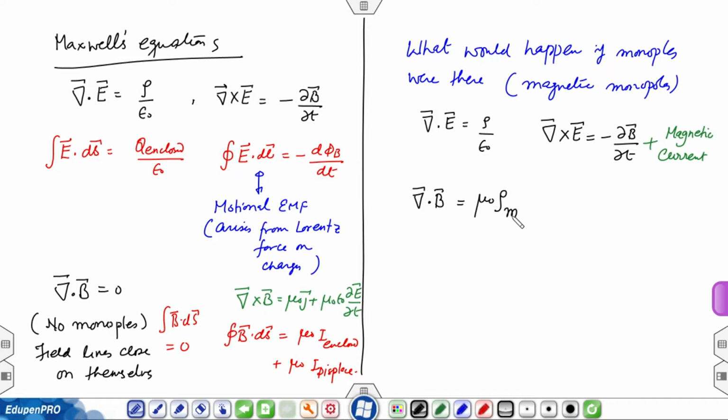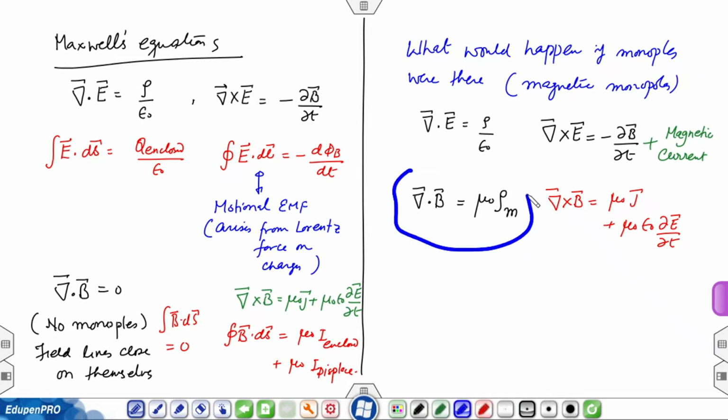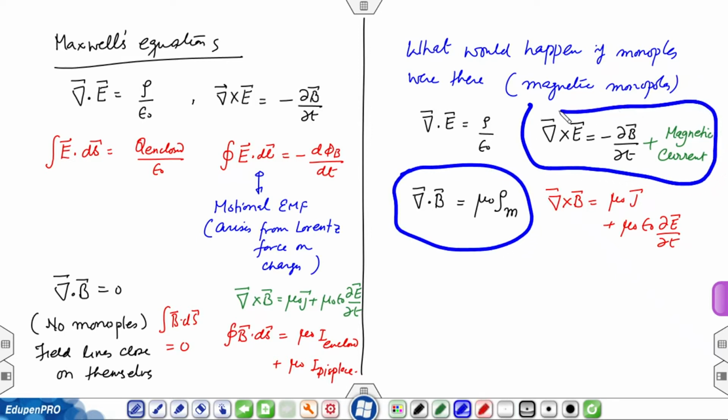And the final equation, which is all consistent with charge conservation, remains the same, which is del cross B is equal to mu 0 j charge plus mu 0 epsilon 0 dE/dt. So, the equations on which I have to now pay attention are this one, which gets modified, and this one, which is modified, and we will just focus on those right now.